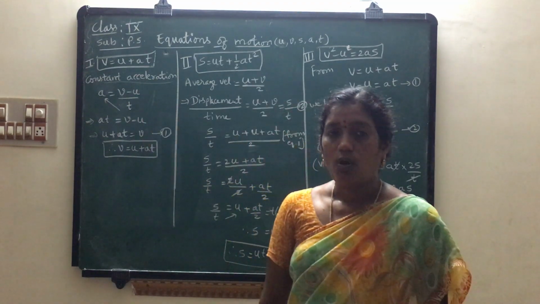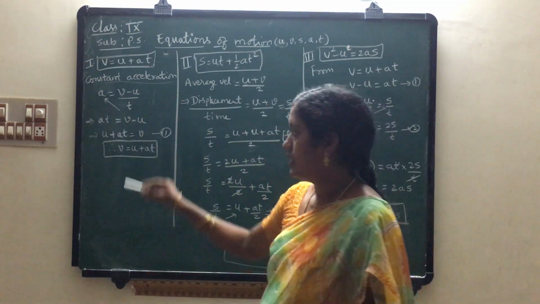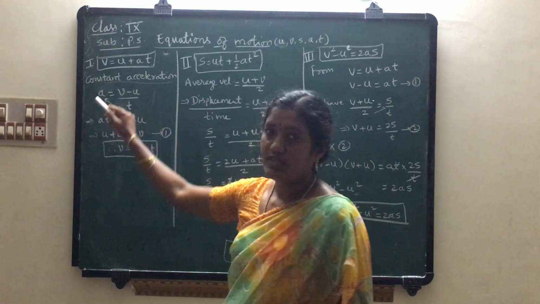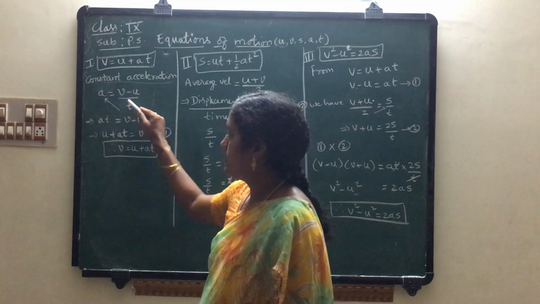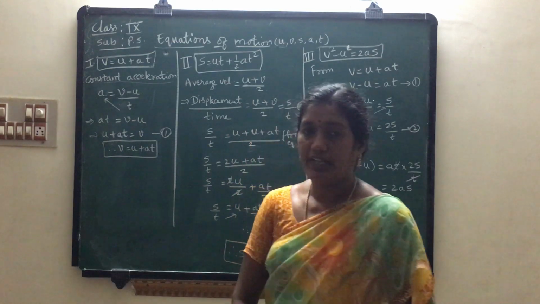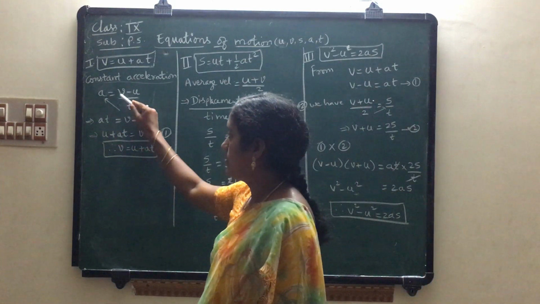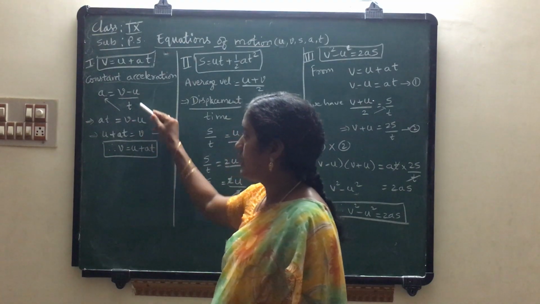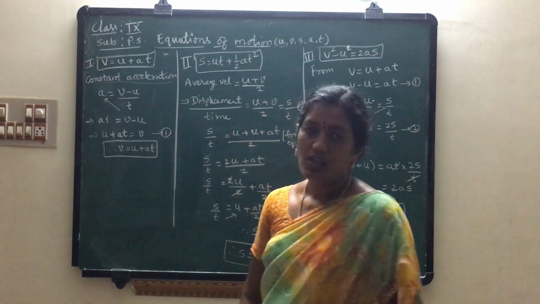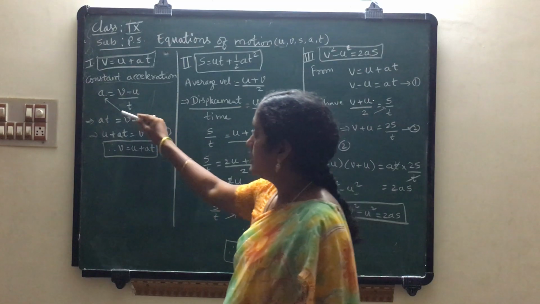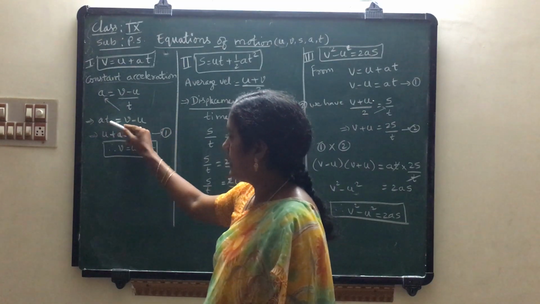Okay children. Now cross multiply this t to this a. So a into t, what happens? At is equal to v minus u. Keep this v minus u here and cross multiply t to a, we get at.